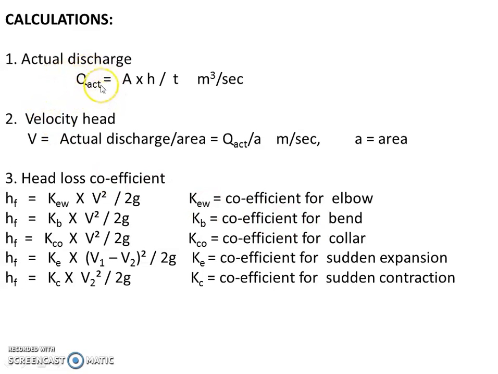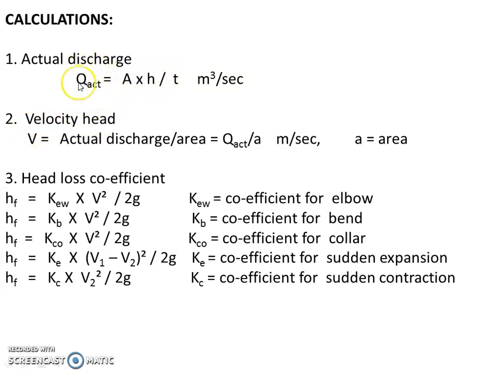First one is that we will have to find out the actual discharge. Q actual is given by volume divided by time. Volume is nothing but the area of the collecting tank into the height of water being collected in the collecting tank. And T is the time required for H meter of water collection.